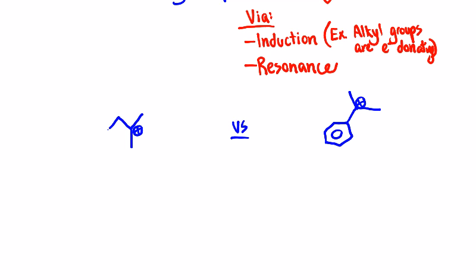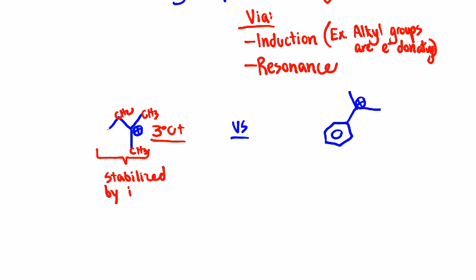So if we take a look at the tertiary carbocation on the left, and we ask ourselves what factors are going to stabilize that, the only thing we can come up with off the list of factors that can stabilize carbocations is that it's going to be stabilized by electron donation from those three alkyl groups. So it's got the three alkyl groups bonded here, here, and here. And those three alkyl groups are going to stabilize that carbocation by induction.